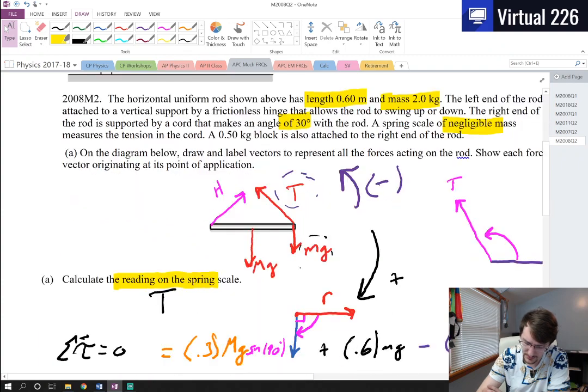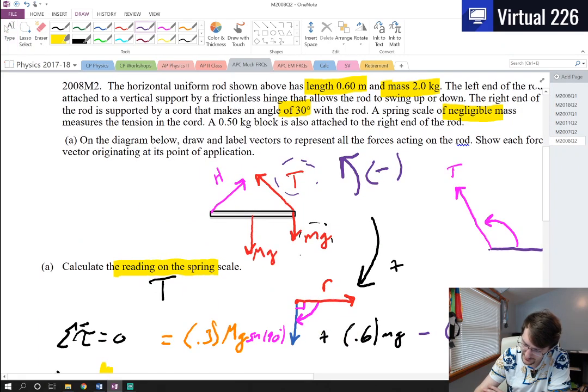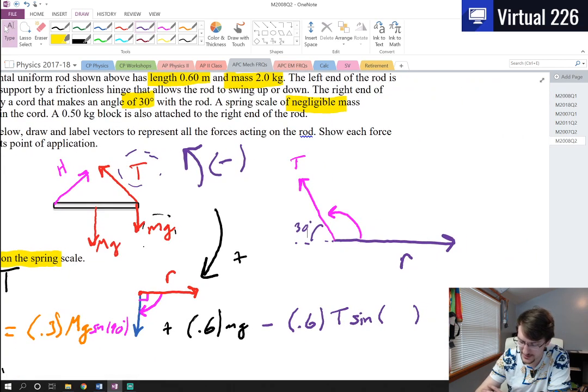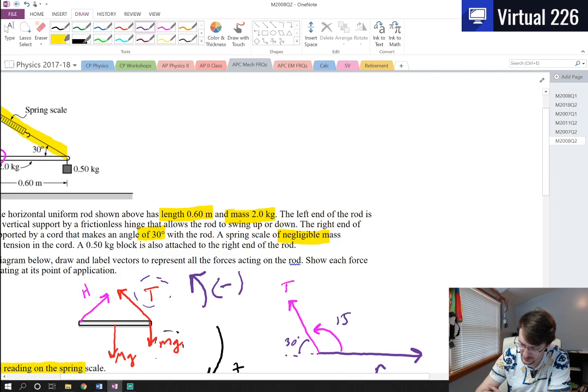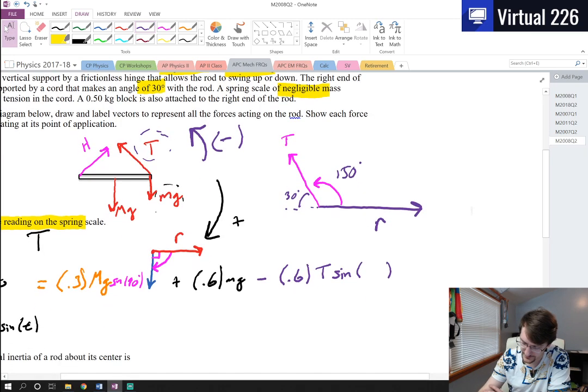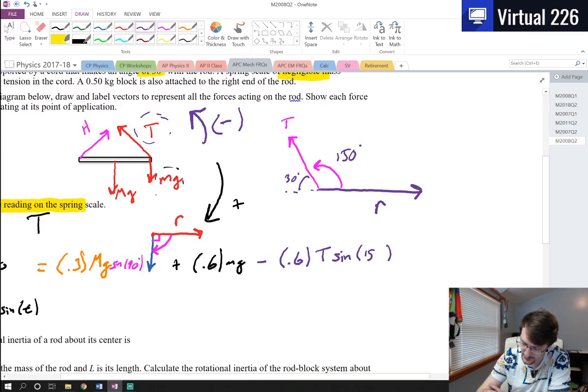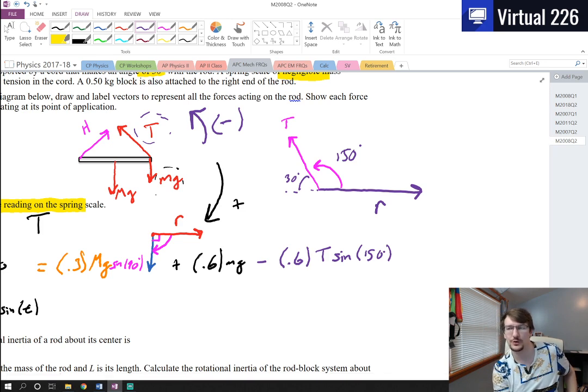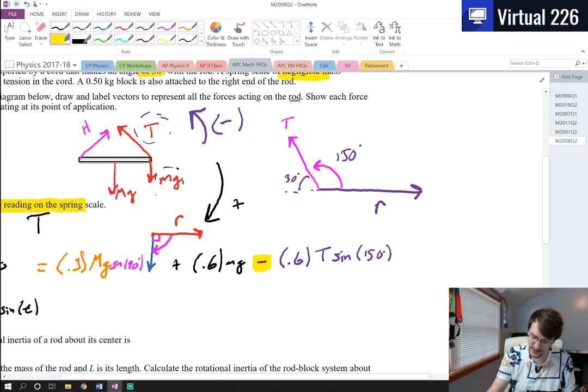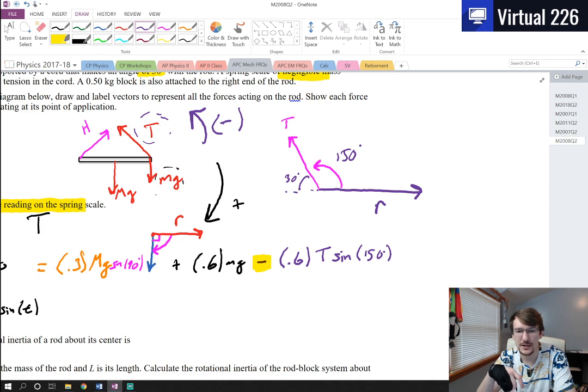In the problem, they give us that this angle is 30, which is going to make this angle out here 150 degrees. Okay, so it'll be sine of 150 degrees technically. Great thing for us is that sine, as long as we're choosing the smallest angle, it'll always be in the first and second quadrants, so it'll always be positive, which means you need to be careful about that. At this point, it's just a matter of trying to figure out what's going on here.